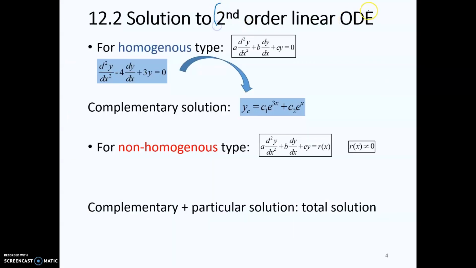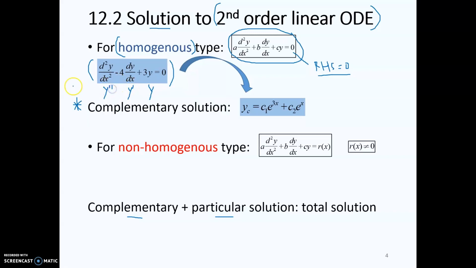So we know that for the second order linear ODE, the solution consists of the complementary solution and also the particular solution. To find the complementary solution, you need to solve the homogeneous part of the ODE. This is the general format for the homogeneous ODE, where you have the right hand side equal to 0. For example, in this case, you arrange the ODE in this standard format where you have the dependent variable y prime, y double prime, and so on on the left hand side, and the remaining terms you put on the right hand side.